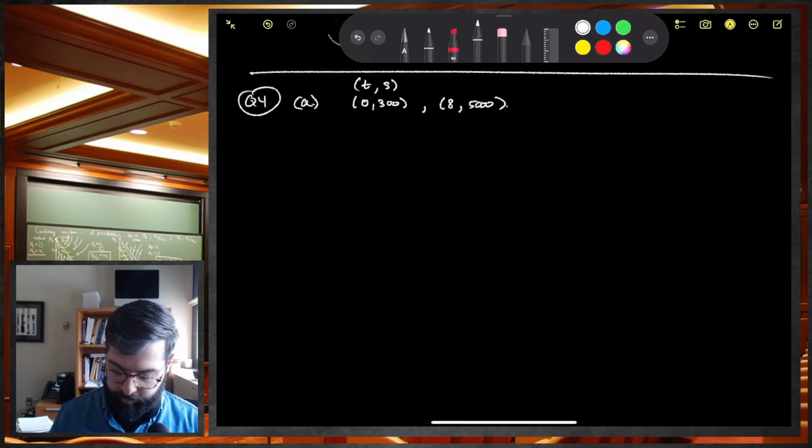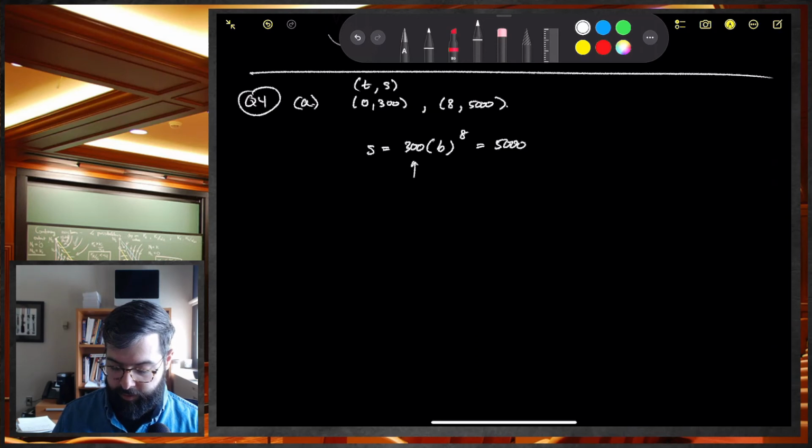And so one way you could set this up, since part A is actually asking for the percent annual increase, is to assume that this is part of an annual growth function where you start with 300, multiply by some growth factor for 8 years, and this should leave us with 5,000 stores at the end.